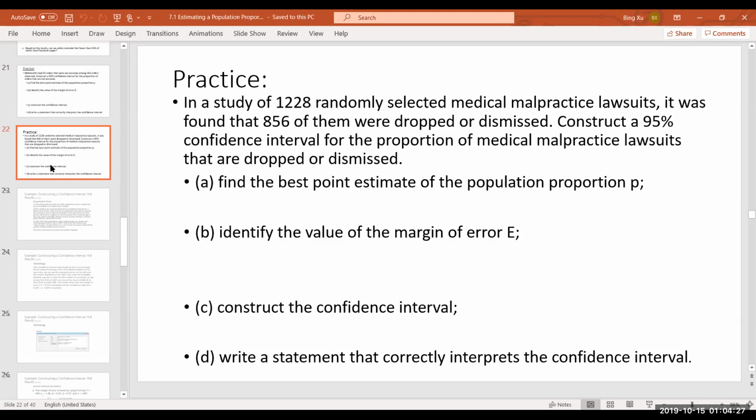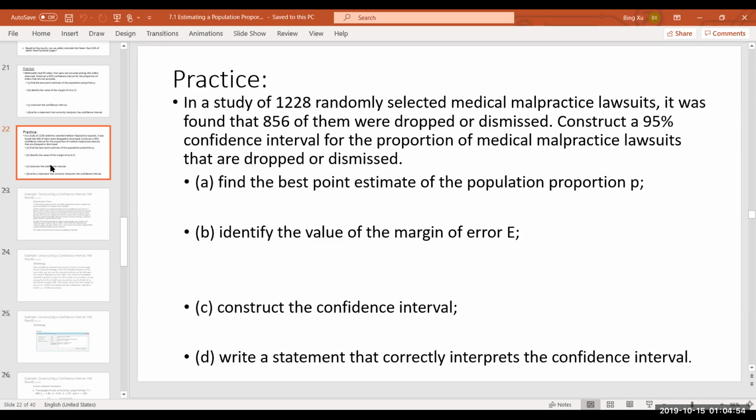Okay, so point estimate. Here it says in a study of 1,228 randomly selected medical lawsuits, it was found that this many of them were dropped or dismissed. Conduct a 95% confidence interval for the proportion.